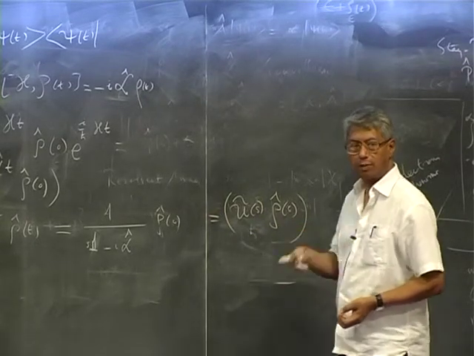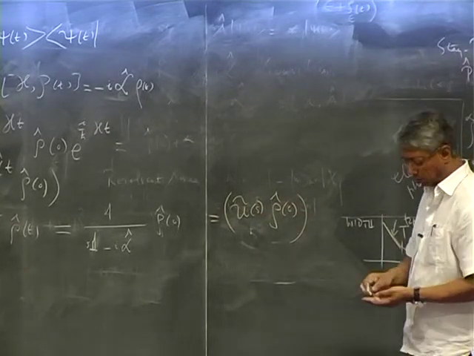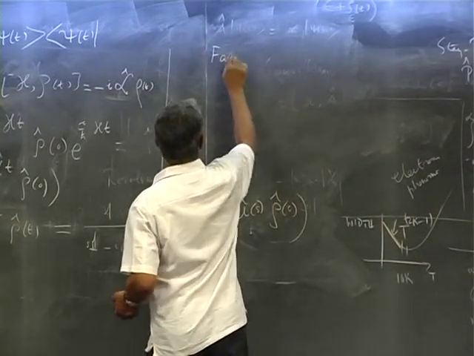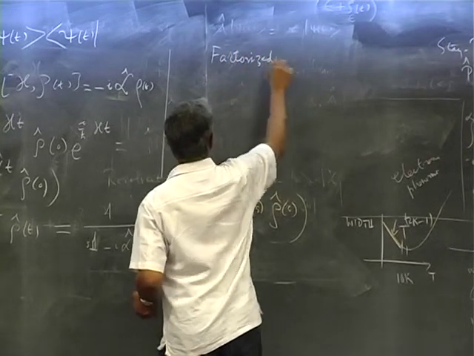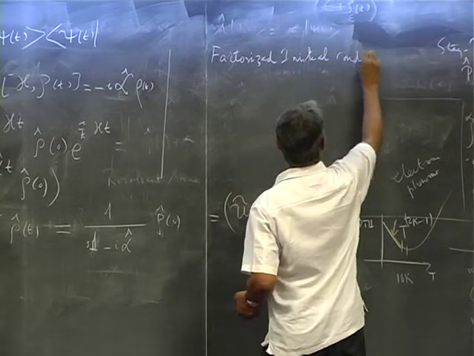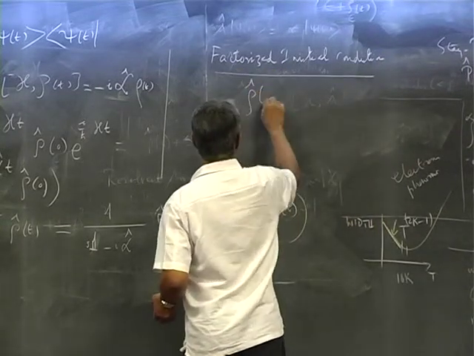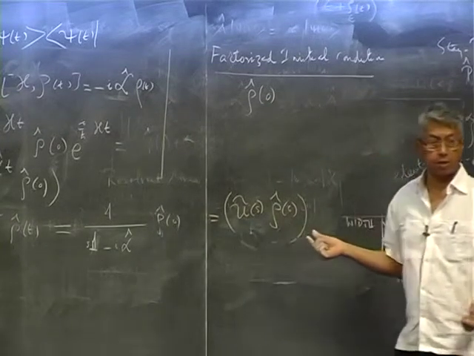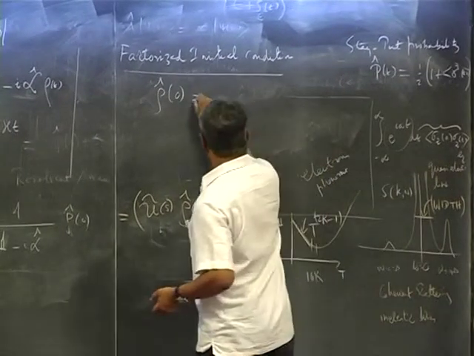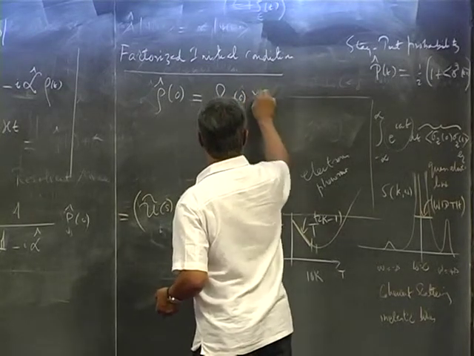This is a question that I think came up, Abbas asked me in the context of quantum Brownian motion also, that very often you use what is called the factorized initial condition, which is that your rho at time t equal to 0, the full many-body density matrix, factorizes into a system part and a bath part.